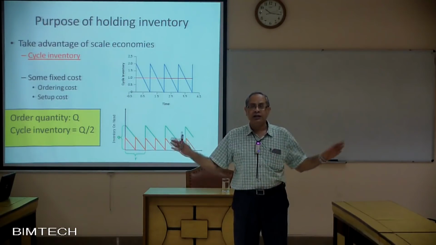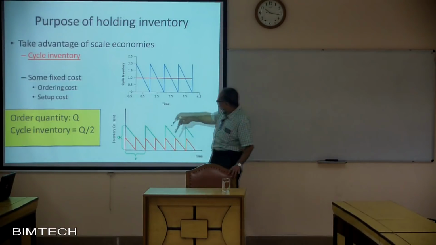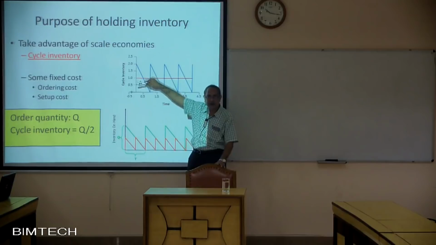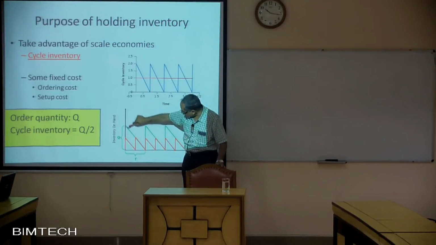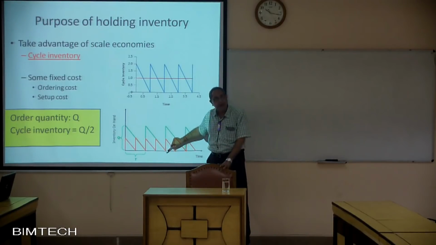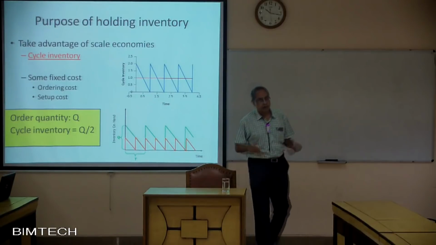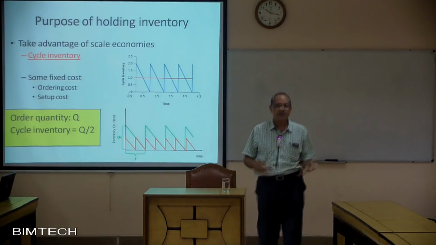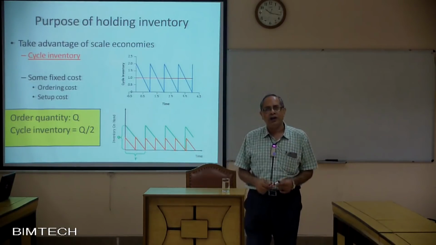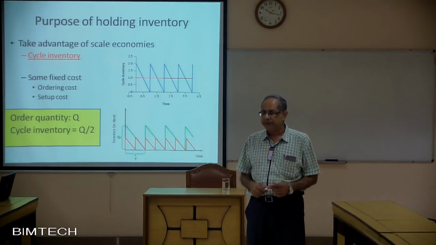And that demand is the same. So what is representing the demand here? I told you that the demand is the slope of the curve, and therefore you see the slope of the curve, whether you talk about the red slope or the green slope, it's the same, because the demand obviously has to be the same. It doesn't matter how much quantity you're ordering each time. Okay, so this is something very interesting.